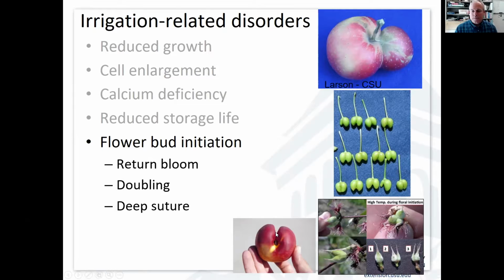And all of these disorders result from drought stress as the flower bud is initiating. So we've seen this in situations where we have some problems with the irrigation, or we have particularly hot temperatures and the trees are just having a difficult time taking up enough water to cool themselves down during that period of time, then that's what you see the following year.